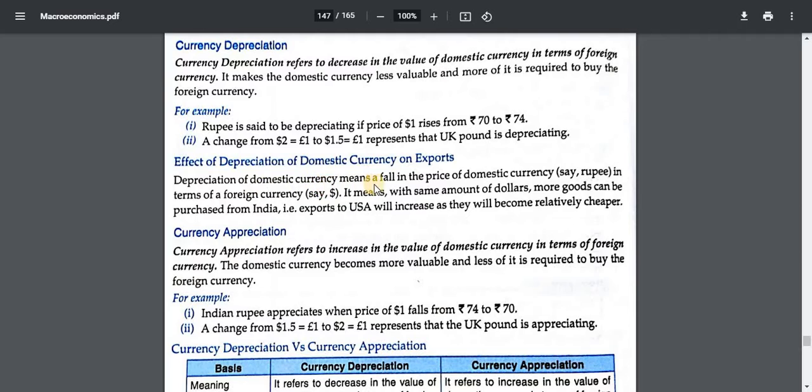Depreciation of domestic currency means a fall in the price of domestic currency, say rupee, in terms of a foreign currency, say dollar. It means with same amount of dollars more goods can be purchased from India, that is exports to USA will increase as they will become relatively cheaper.